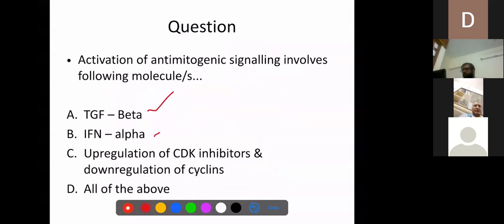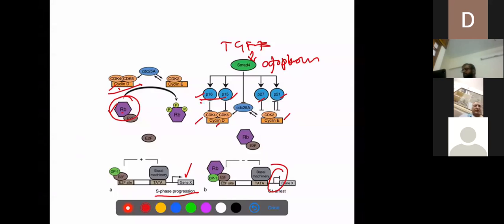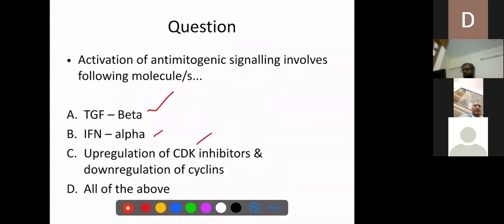And interferon alpha is a cytokine produced from the cells, which also inhibits mitosis. And upregulation of CDK inhibitors. CDK inhibitors are nothing but P16, P15, P27, and P21. When they are upregulated, they inhibit the cyclins and CDKs. So all these processes are required in activation of anti-mitogenesis.